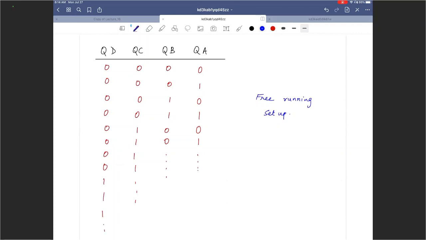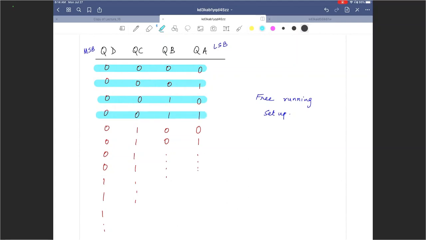So we have the most significant bit of the counter here and the least significant bit here. That is decimal 0, decimal 1, decimal 2, decimal 3, and so on up to decimal 15.